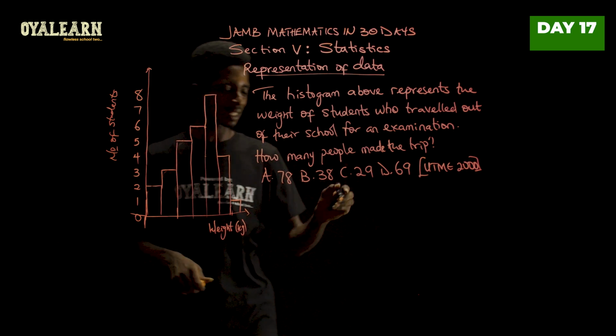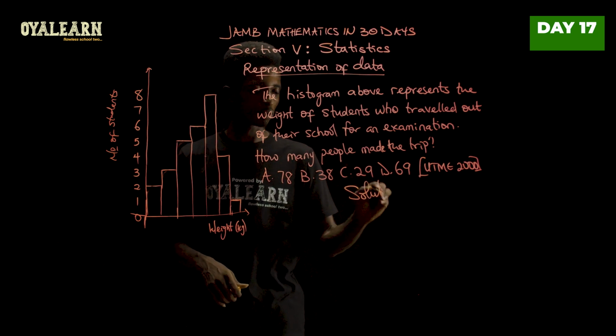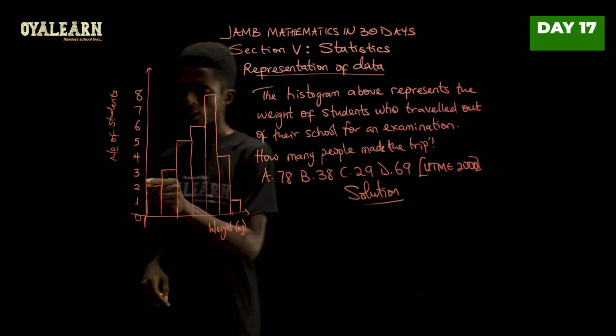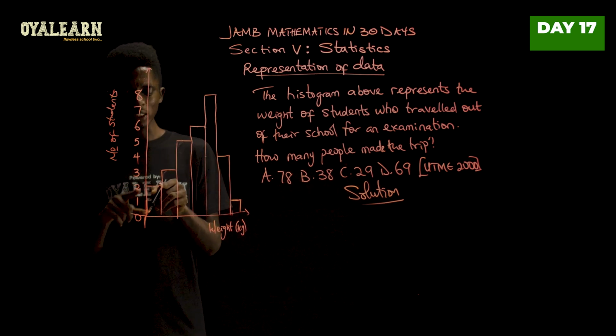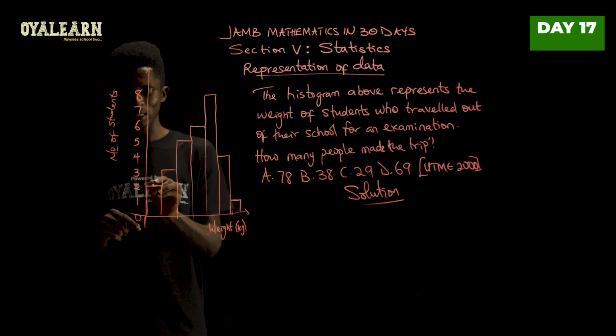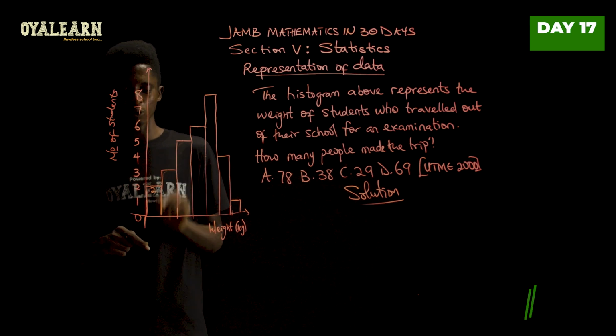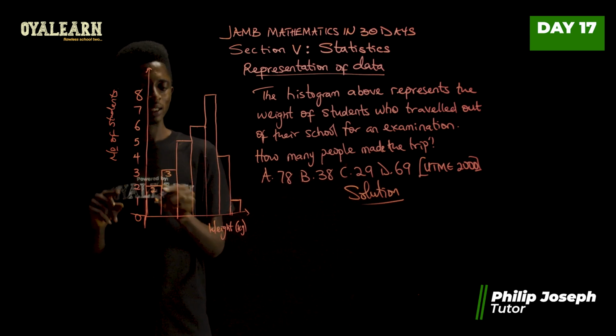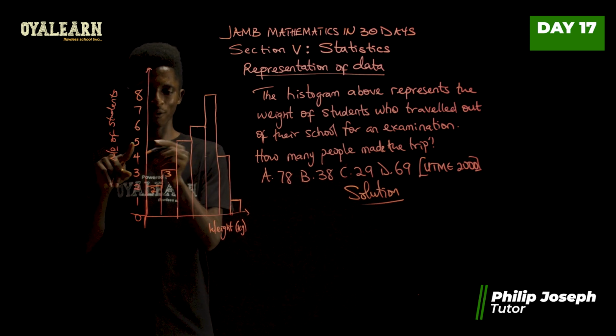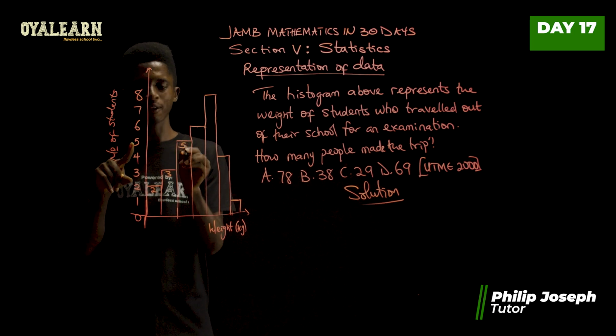So to get our answer here, all we have to do is just add the numbers that correspond to each of the bars together. So for this first part here, it is traced to 2 here. So the number here will be 2. Those in this weight class would be 3. In this weight class, when we trace it down here, that is 5.